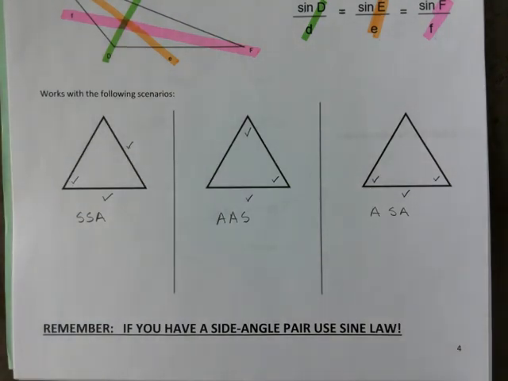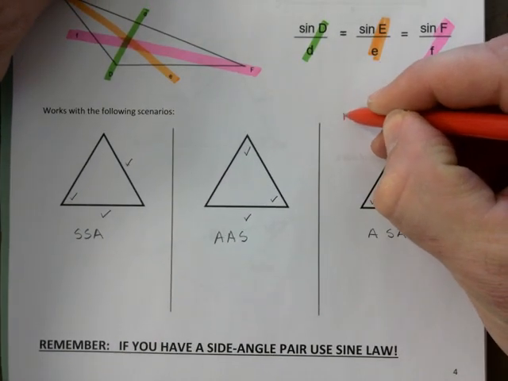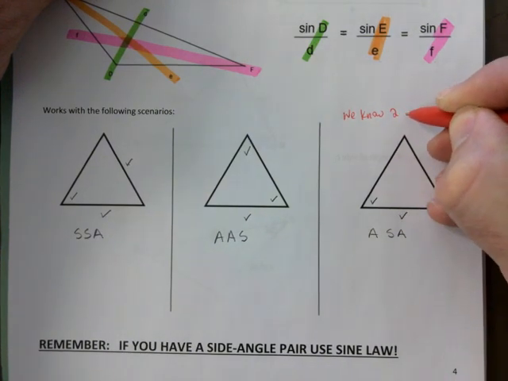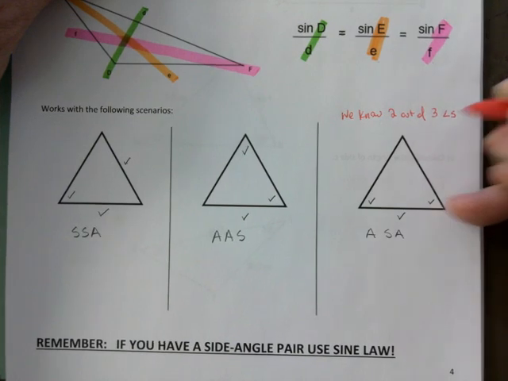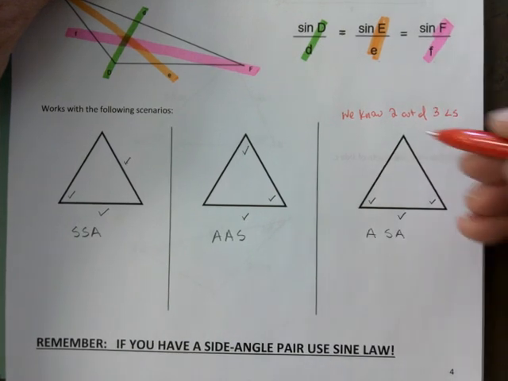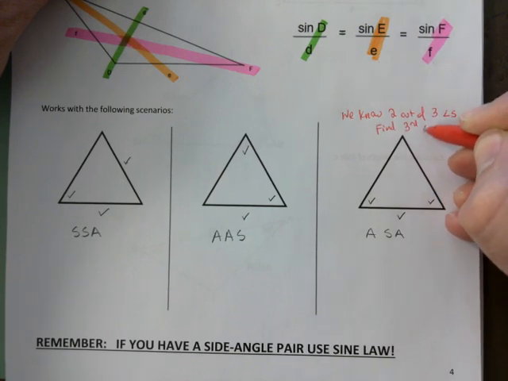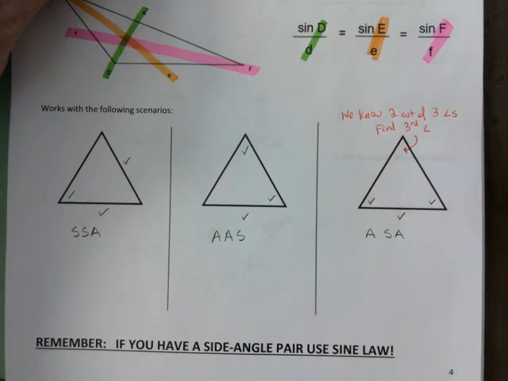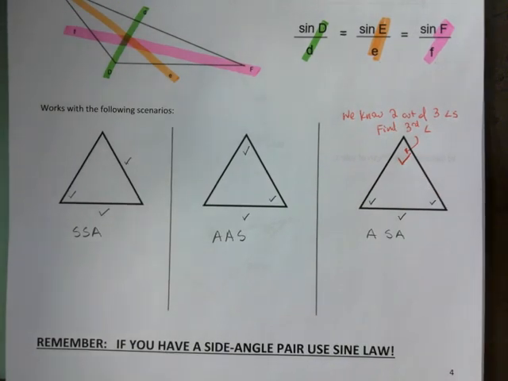It turns out that if you know two angles, right on top here, we know 2 out of 3 angles, so we find the third. This one right here. So technically now it goes check mark.